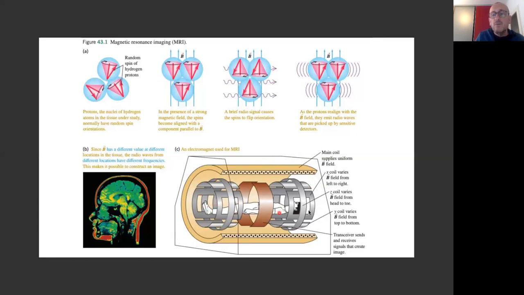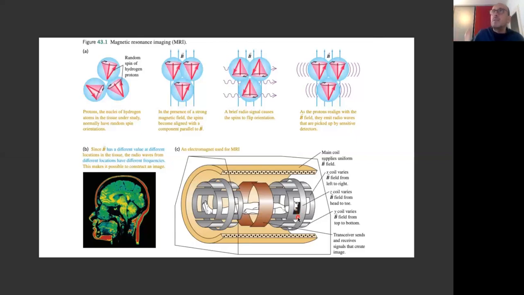So essentially, when you put an object, here's a guy in there, you place him in the presence of a gradient of magnetic field. So in each spot, one by the other, you will have a different magnetic field.